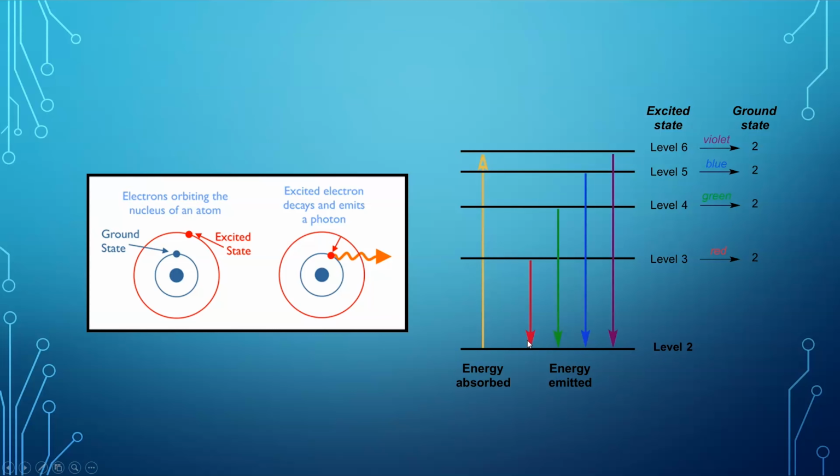So the Bohr model of the atom did a pretty nice job of describing what was going on in the atom, not so much describing why it was that case. But Niels Bohr was able to come up with even a mathematical equation that would calculate the energy that each photon would have depending on which 2 levels it fell between.